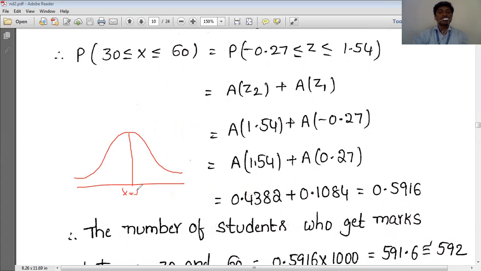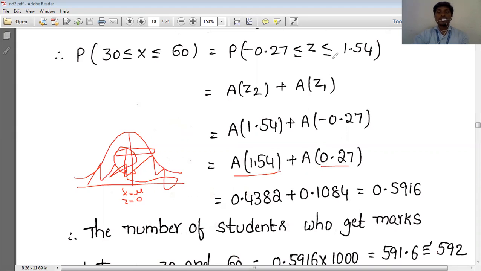The distance on this side is the same as the distance on the other side, because the total area under the curve is 1. So this is 0.5 and this is 0.5. Due to symmetry, we simply write area of 0.27. And these are the tabular values: area of 1.54 and area of 0.27.